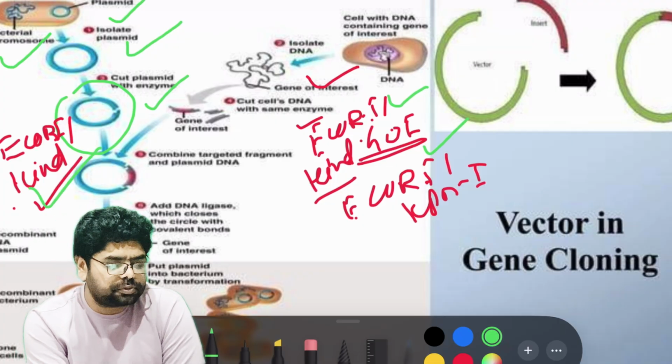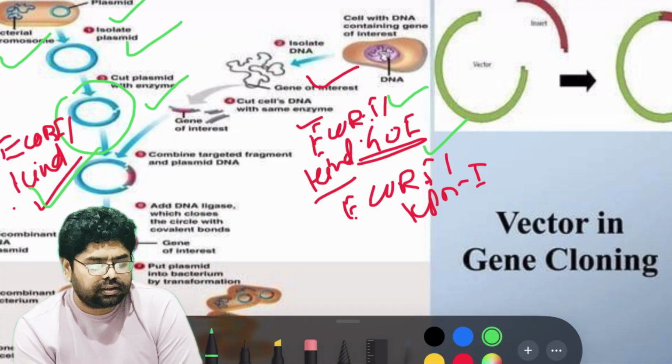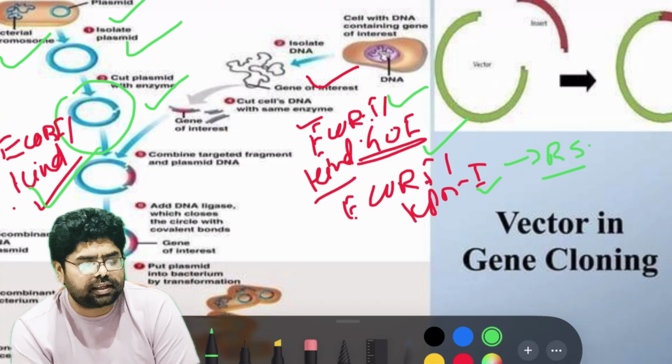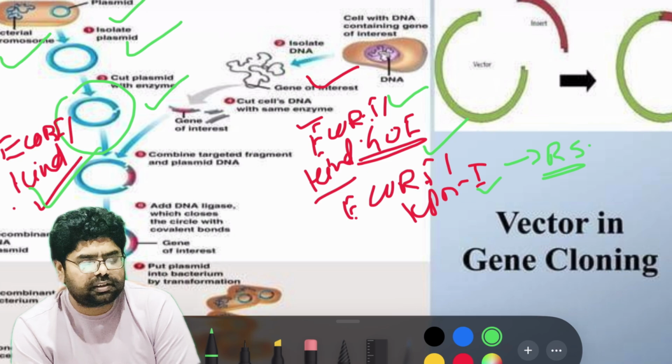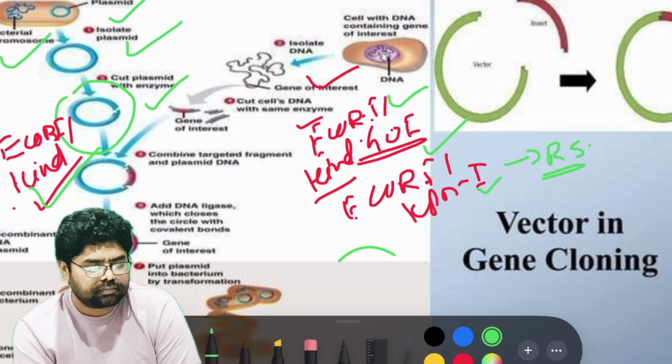You must use the same enzymes for your gene of interest and for the vector. You cannot use different enzymes, because KpnI has a different recognition site, so it will cut at another site and make different sticky ends.